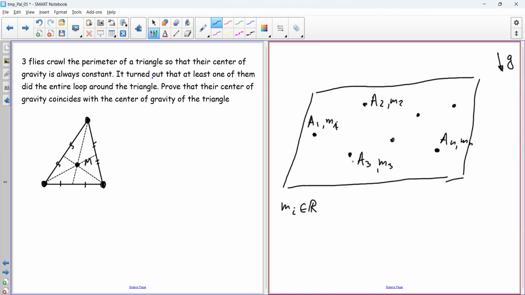So we then imagine that the mass is placed not directly to the point, but it is tied by a rope, by a string probably, to the point. So it's hanging down, and the mass itself is here. So this is M3.